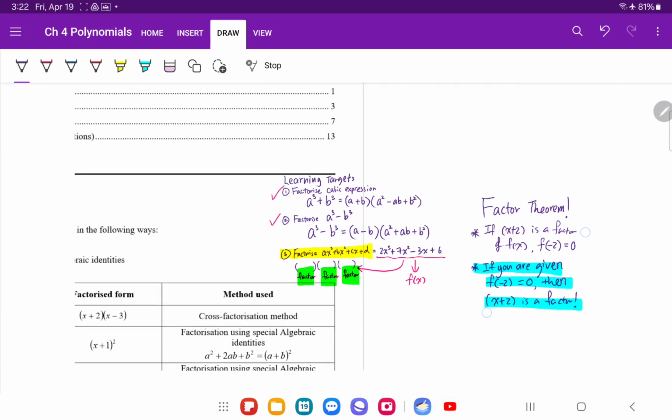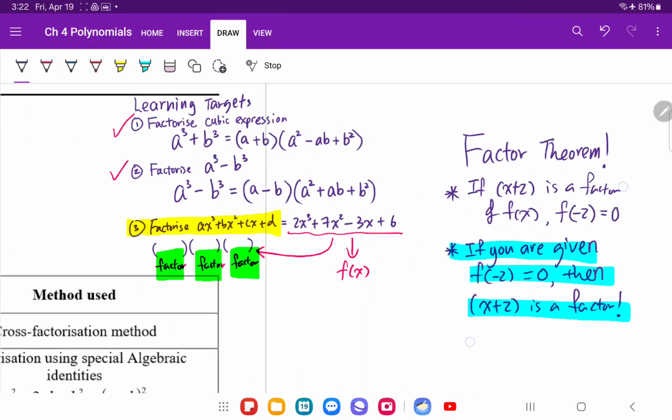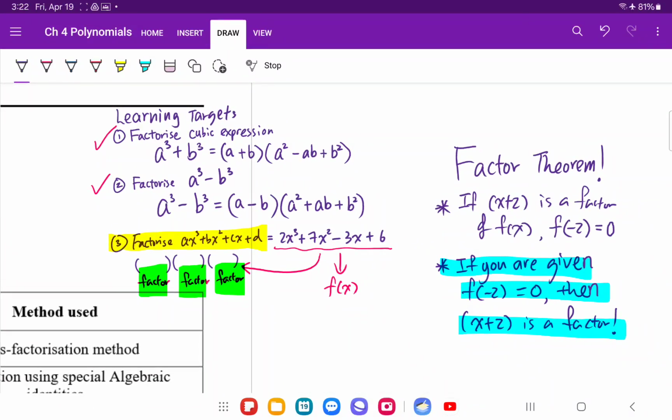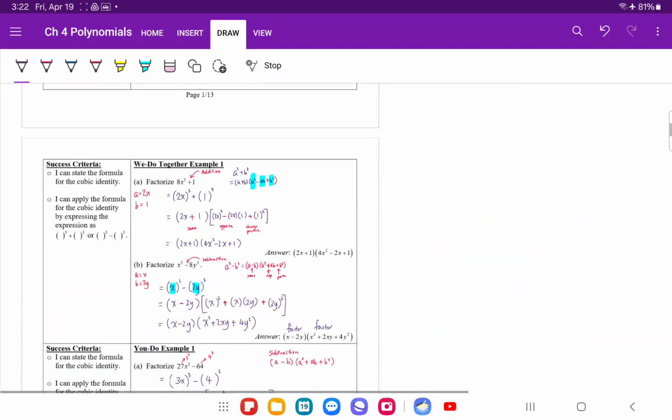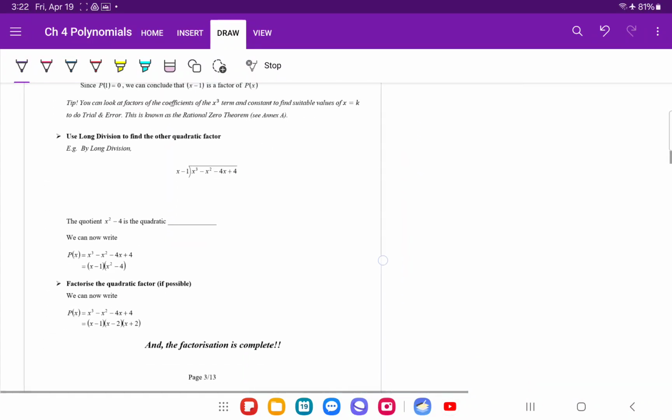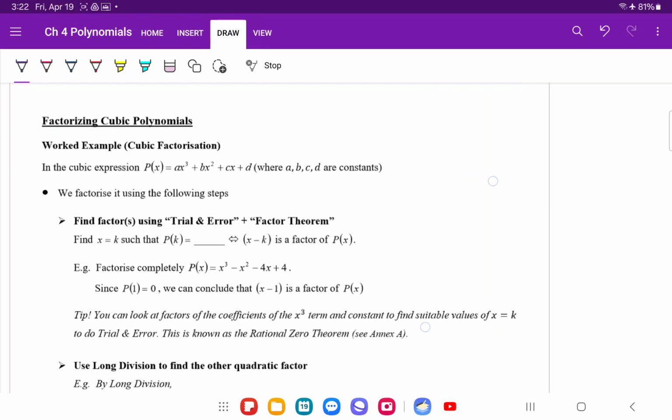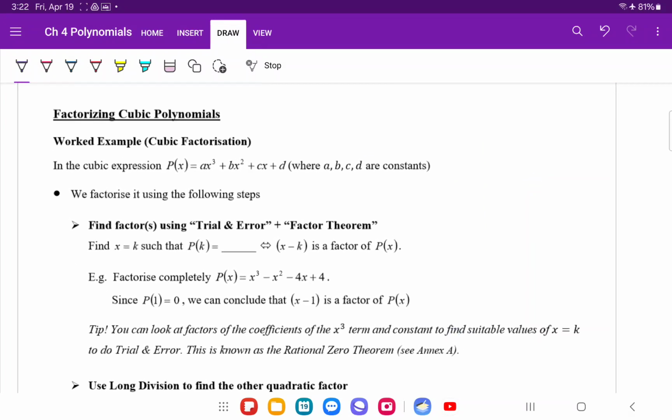Alright, with this, we will continue with this third learning target on factorization. You should be going through your notes, and let's go to page 3. The factorizing of cubic polynomials when it is a longer string of terms, with 1 in x cubed, 1 in x squared, 1 in x, and 1 constant term.